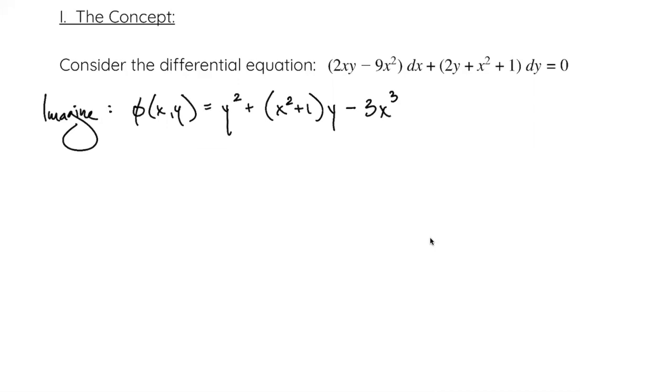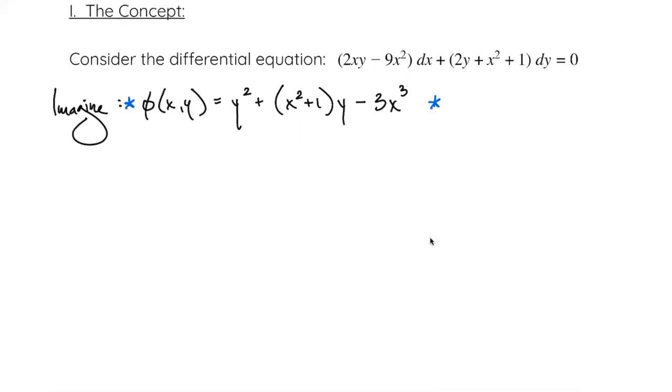Now, obviously, I've chosen this purposefully so that we'll be able to solve the differential equation, but a really important skill for us is to think about how we get this phi function, okay? So let's imagine we have this phi function. And as a quick review, let's talk about partial derivatives. One way you might have seen partial derivatives written in the past is partial phi, partial x.